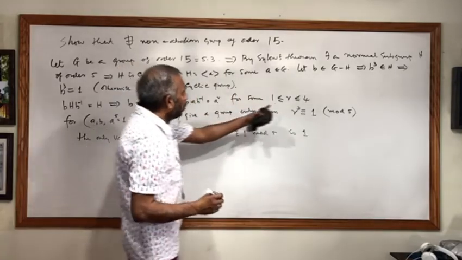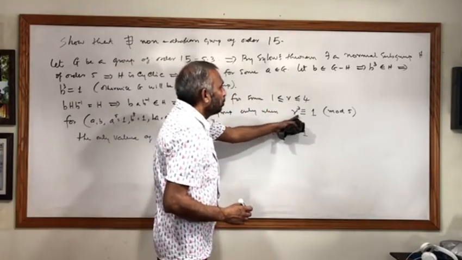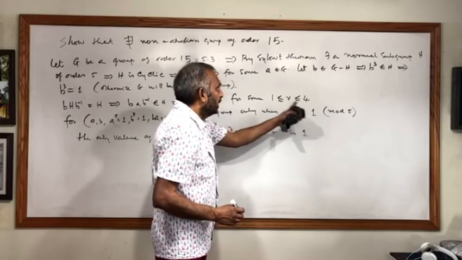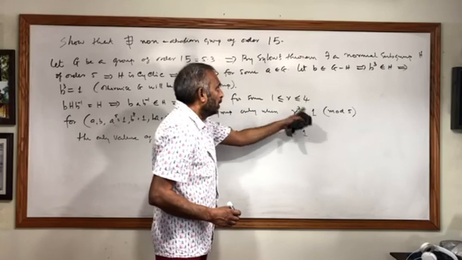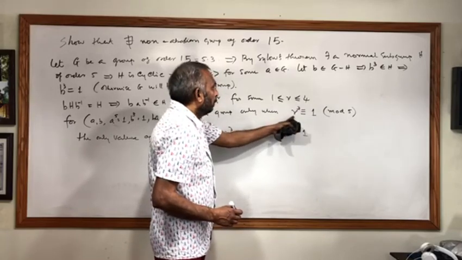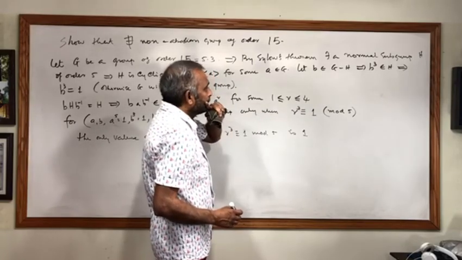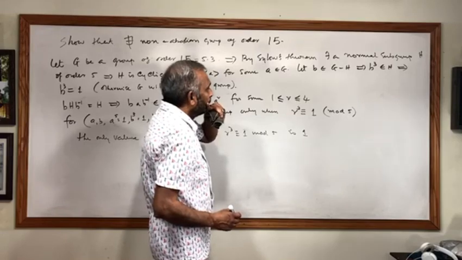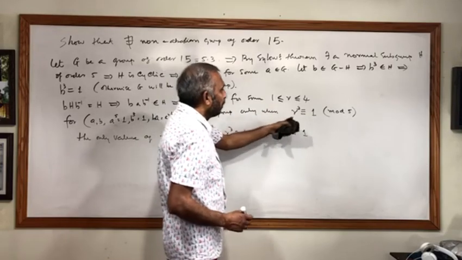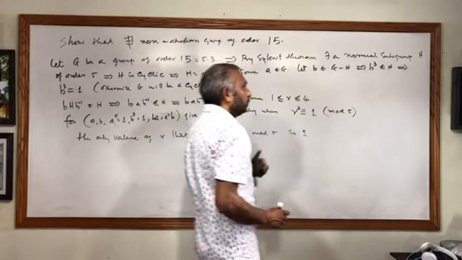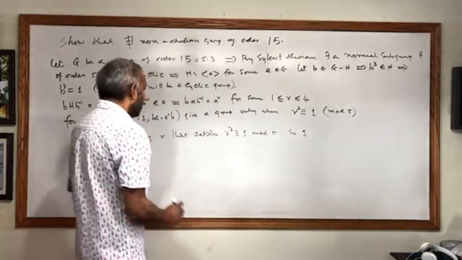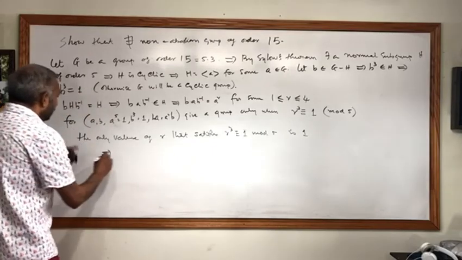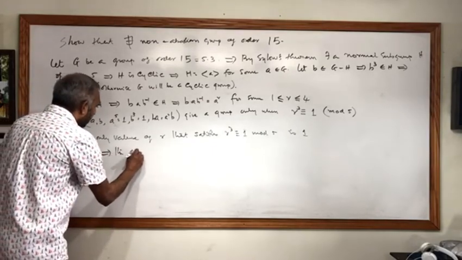If it's 2, then 2 cube is 8, that is not equal to 1. 3 cube is 27, that is not equal to 1. 4 cube is 64, and that's also not equal to 1 mod 5. So the only value is 1.